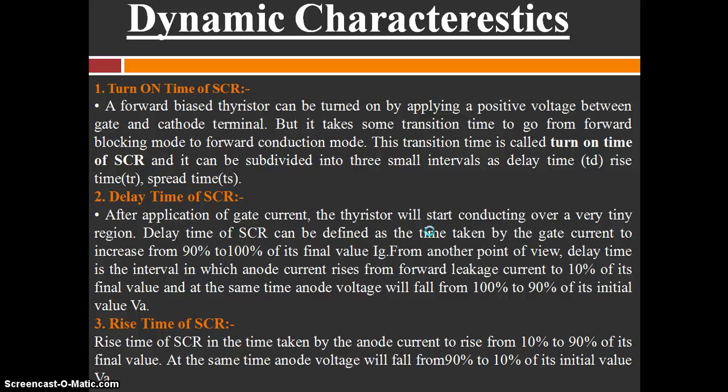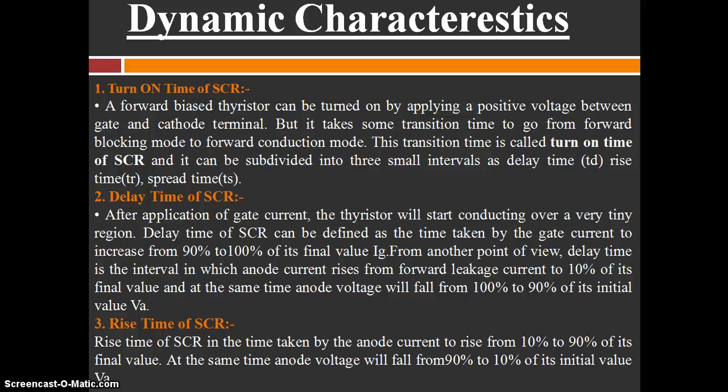First one is the delay time of the SCR. After application of the gate current, the thyristor starts conducting in a very tiny region. Delay time can be defined as the time taken by the gate current to increase from 90% to 100% of its final value IG. From another point of view, delay time is the interval in which the anode current rises from leakage current to 10% of its final value.